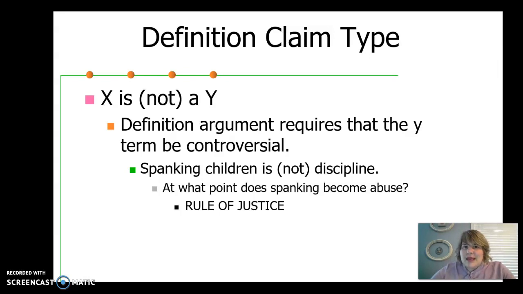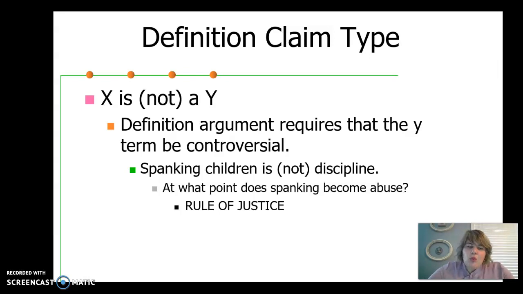So that's just there as a choice. So you'll see down on the example, spanking children is, and then the not is in parentheses, discipline. So that means that you could write a paper that argues spanking children is discipline, or there could be a paper, spanking children is not discipline.